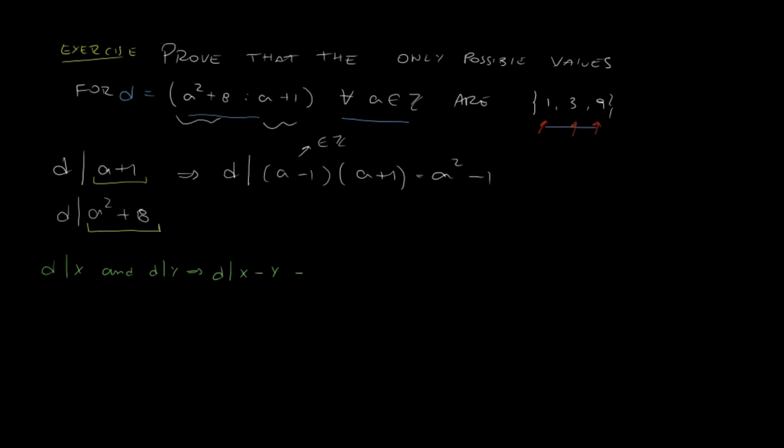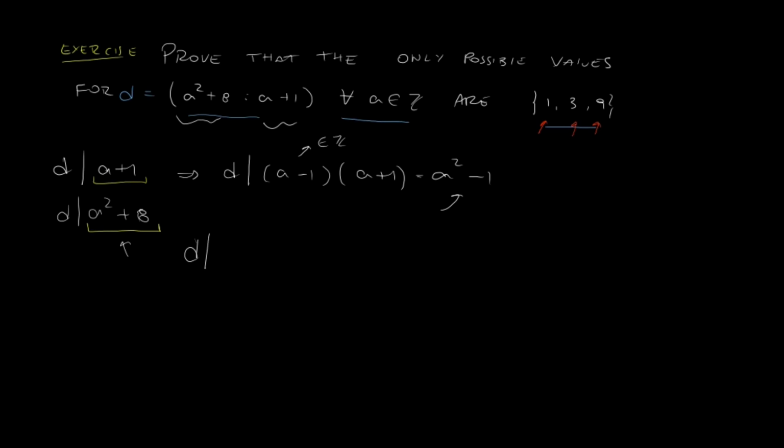If you haven't seen this video, I recommend you go and watch it. So d divides a plus 1 and a squared plus 8. So we have that d divides both a squared plus 8 and a squared minus 1.